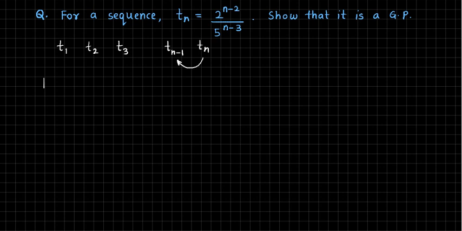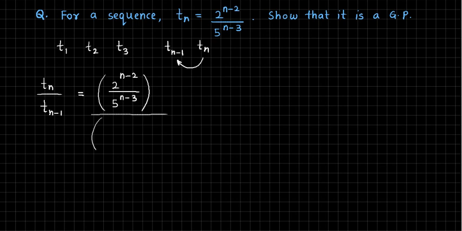Right? So therefore let us do the ratio of Tn and Tn minus 1. Now putting in the given expression, for Tn we have 2 raised to n minus 2 whole upon 5 raised to n minus 3. This is Tn. It has to be divided by Tn minus 1. So wherever there is n, we will replace it with n minus 1, which will give us 2 raised to n minus 1 minus 2 whole upon 5 raised to n minus 1 minus 3.